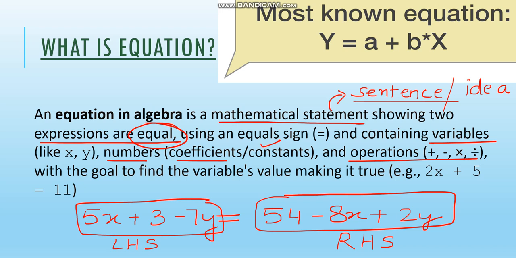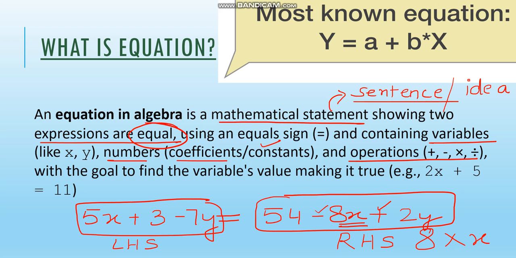And this contains some variables, this has some numbers, coefficients, constants. They are separated by operations like, if you see carefully, you have a plus, you have a minus. When you're writing 8x, it means 8 times x. We will talk about this in our next video. So this becomes your complete equation.